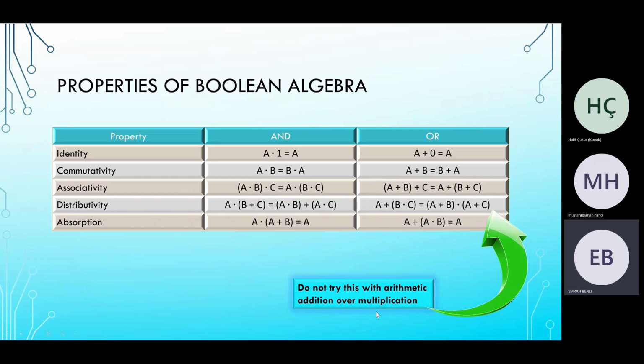A times B. Why is it not there? So that's not gonna work with arithmetic addition and multiplication. But if you think that this A can be 0 or 1, then you will see that this expression is true.